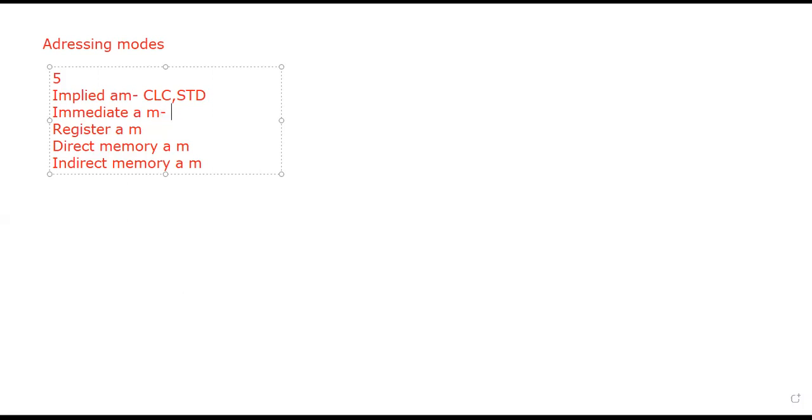Then we have immediate mode. In immediate mode, we are using an immediate value, or we are storing an immediate value in a register. Say MOV, we want to store some value in a particular register, say CX or AX.